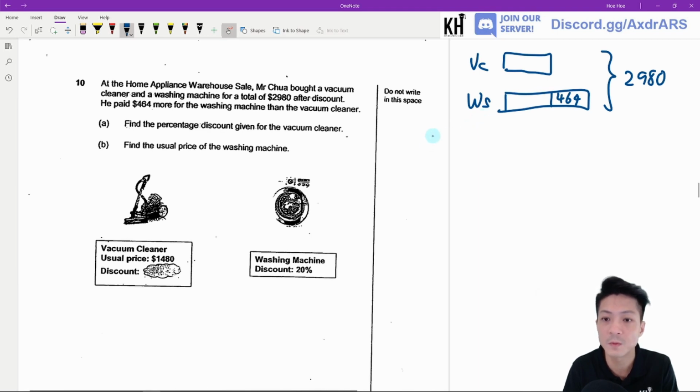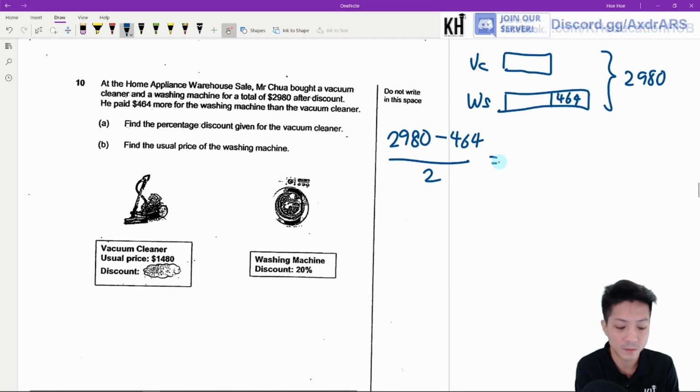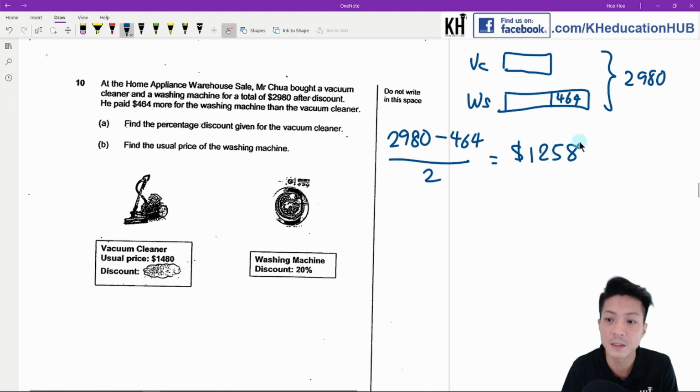So I want to find the amount paid for the vacuum cleaner first. So I'm gonna use 2980 minus 464 divided by 2. That's gonna give me 1,258.